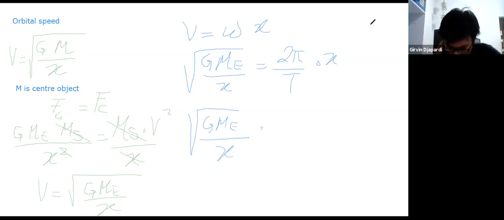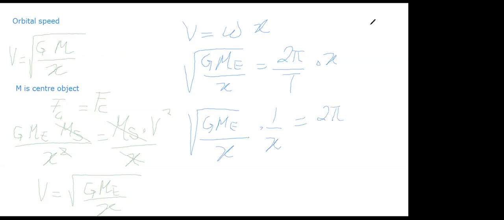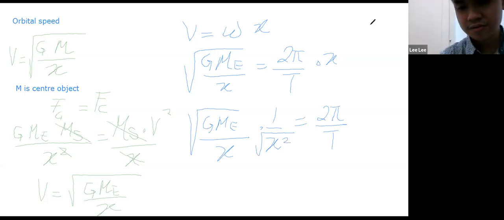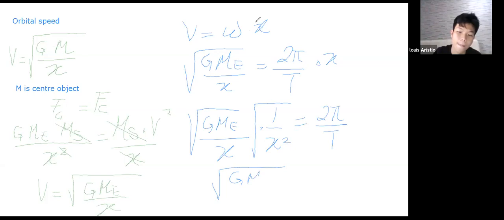Divide means 1 over x, right? Understand it here? So if I write the square root of x squared, do you understand also? No answer means understand, yeah? So if I just extend the root, it becomes like this. So I can combine them now. Over x to the power of what?